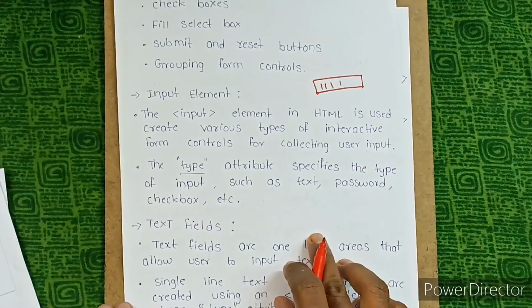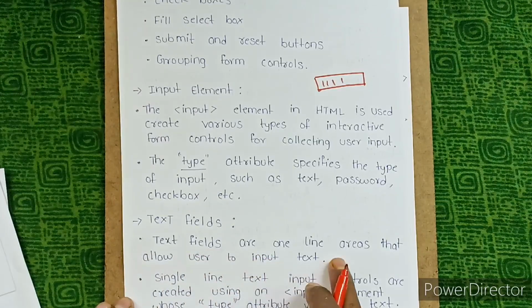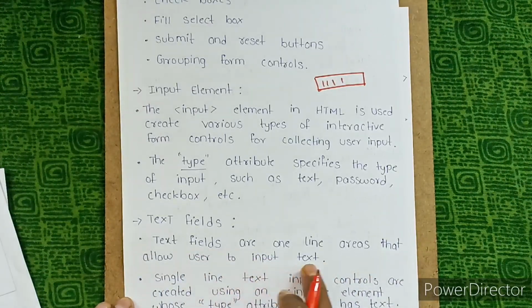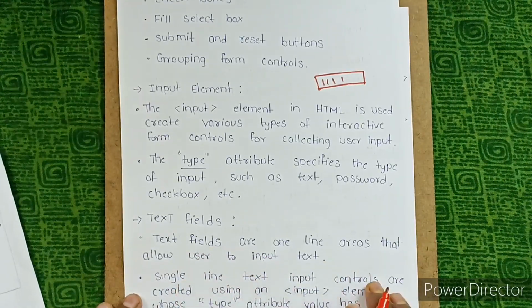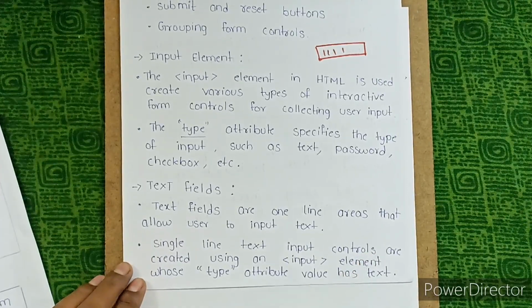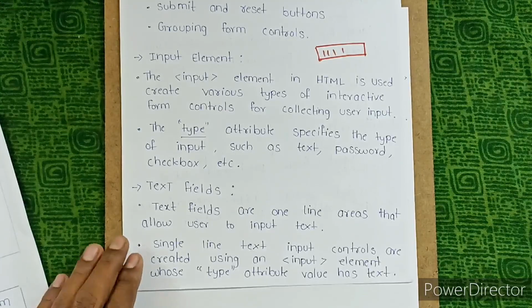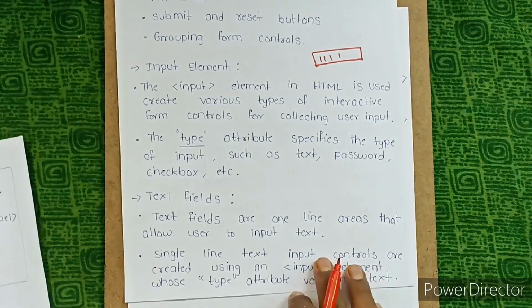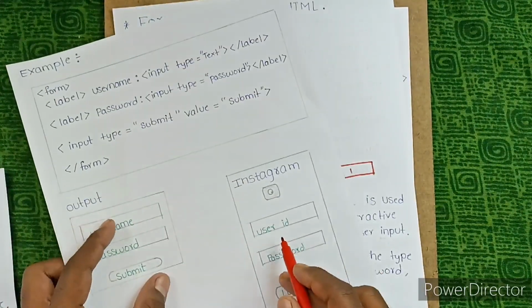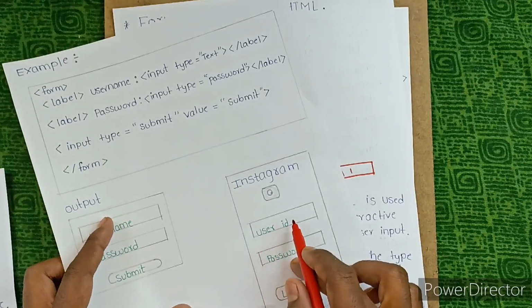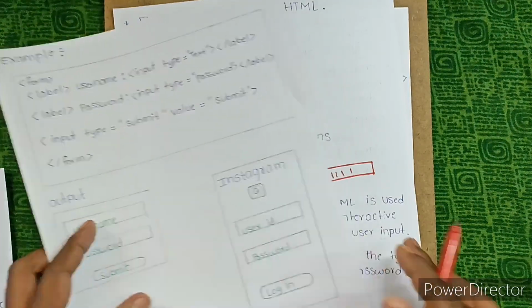Text fields are one-line areas that allow the user to input. Single-line input controls are created using the input element whose type attribute value is text. In a text box, we can only enter text, like here in user ID we can only enter user ID, not any email ID.